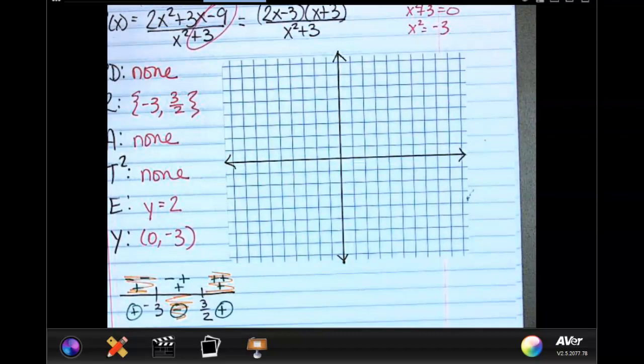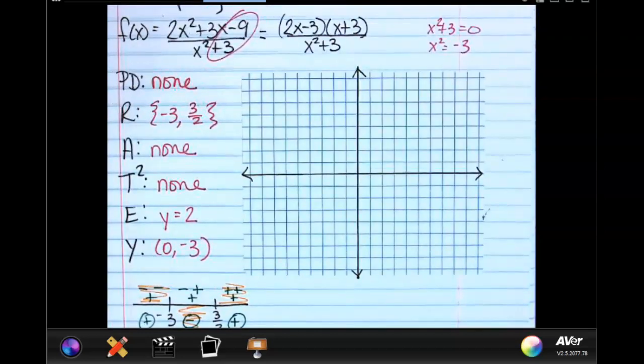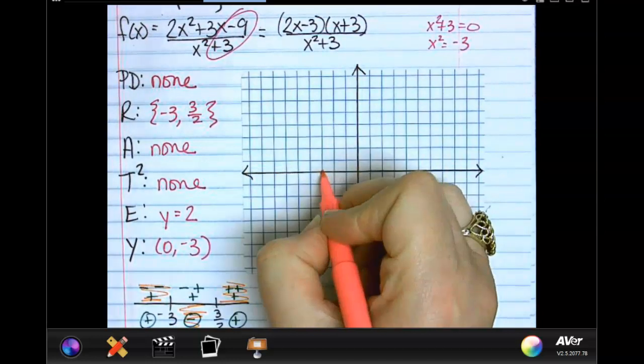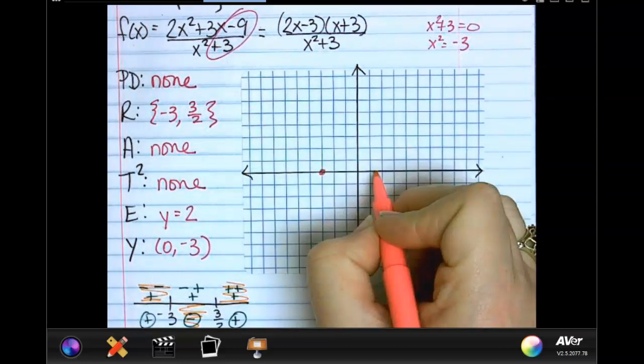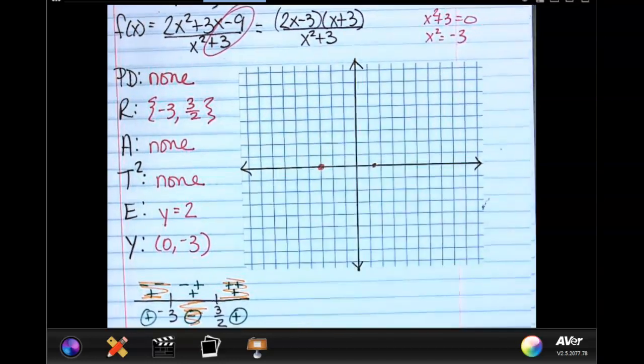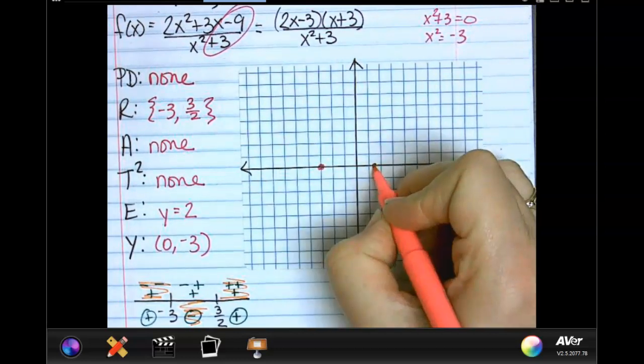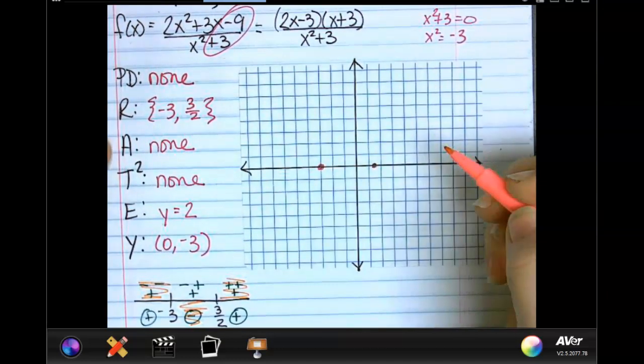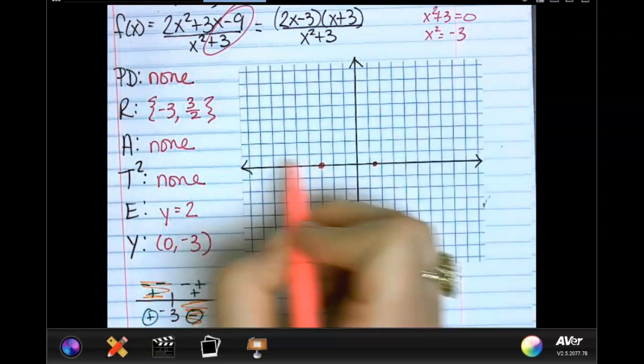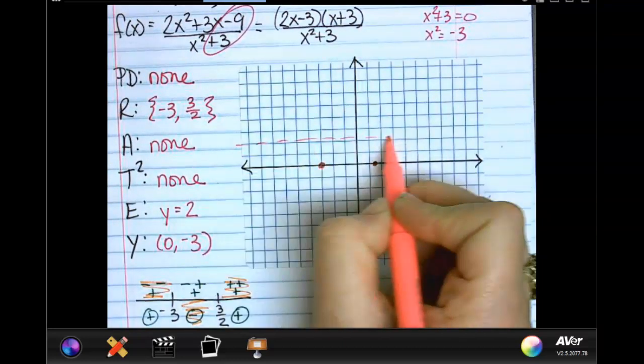All right. So now let's graph some things that we can graph on here. I do not have any holes to graph. I have roots at negative 3 and at 3/2, so that's like 1.5. And then I don't have any vertical asymptotes. I have a horizontal asymptote at y equals 2.